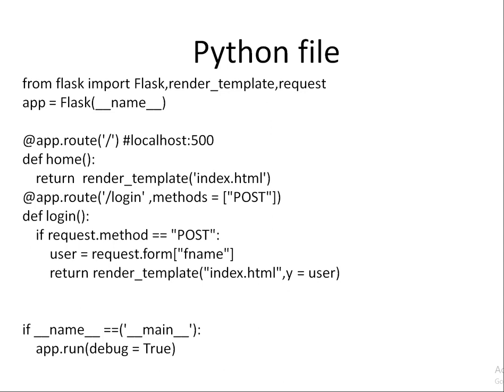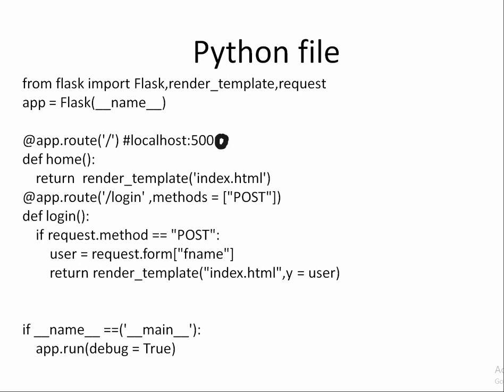These methods are imported, and this is the main syntax for creating the Flask app: app equal to Flask, double underscore name double underscore, which is placed within the parenthesis. Next, this one we know already, because I have already told you many paths that are available for the URL to represent the web server in localhost. If you see here, actually it is 5000, it's not 500.